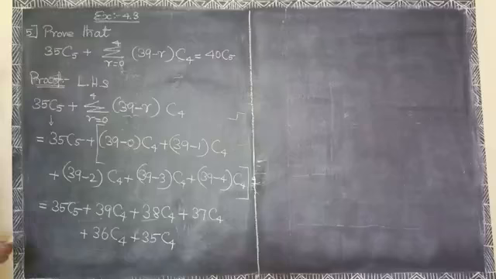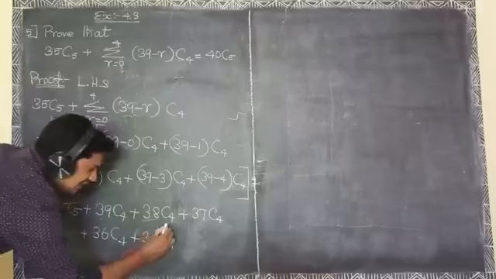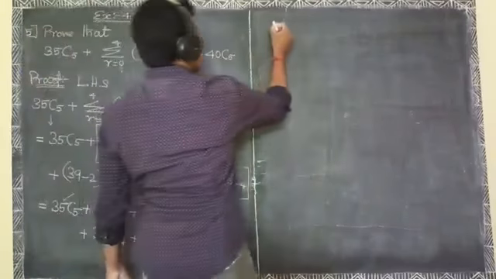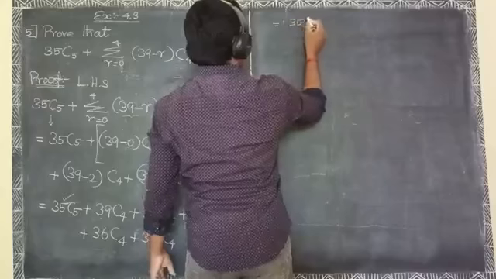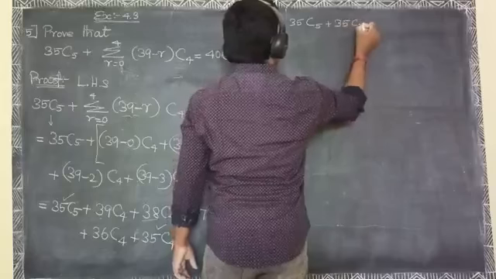Here grouping two terms, that is 35C5 plus 35C4.